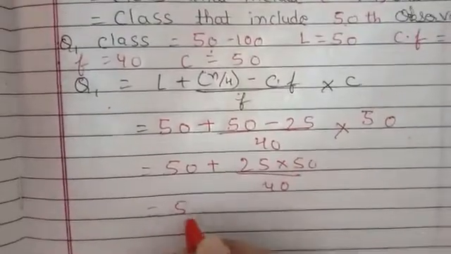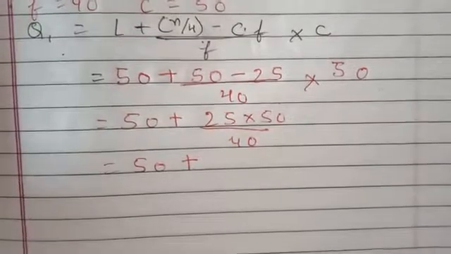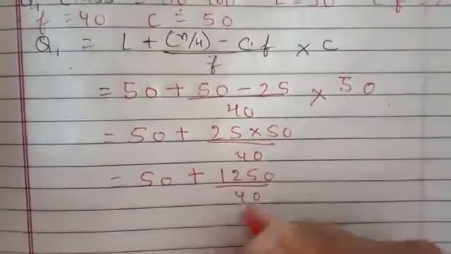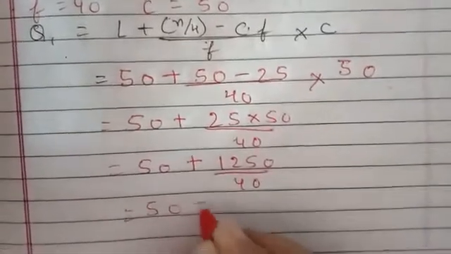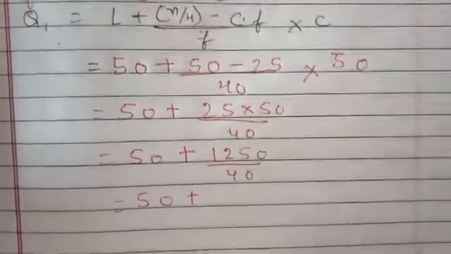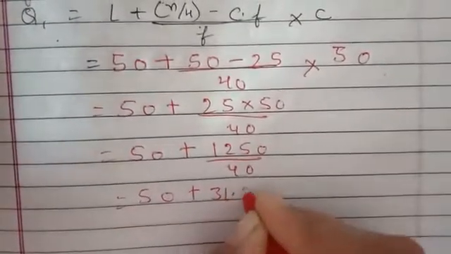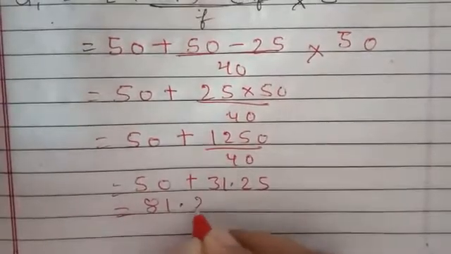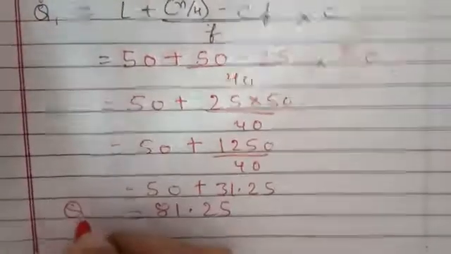That is equal to 50 plus 1250. Now you have to divide it by 40. When you divide 1250 by 40, that is equal to 31.25. That is equal to 81.25. That is our Q1.